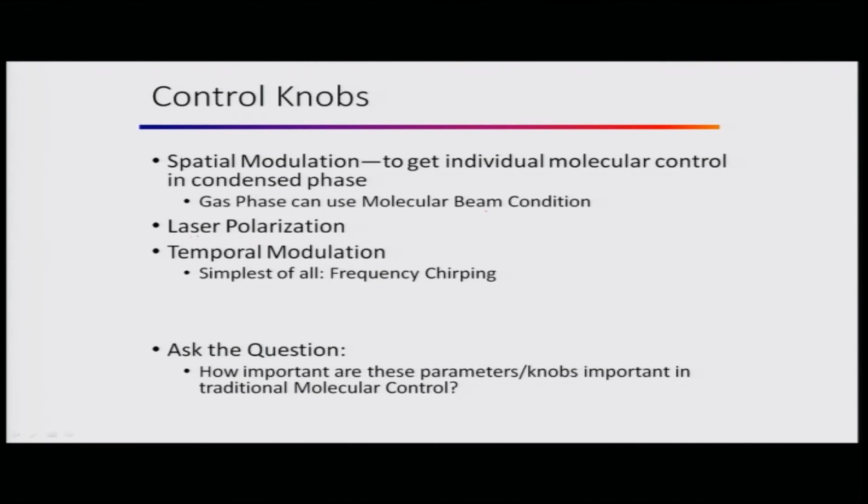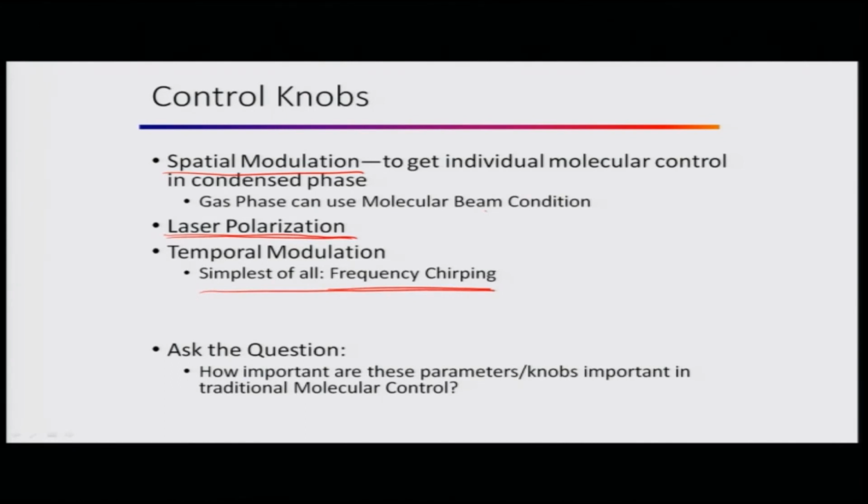The other kind of control that can be utilized in many of these applications in terms of control knobs is the laser polarization. So one is the laser spatial modulation, the other one is the laser polarization, and in terms of temporal modulation, the simplest of all that we have discussed is the frequency chirping.